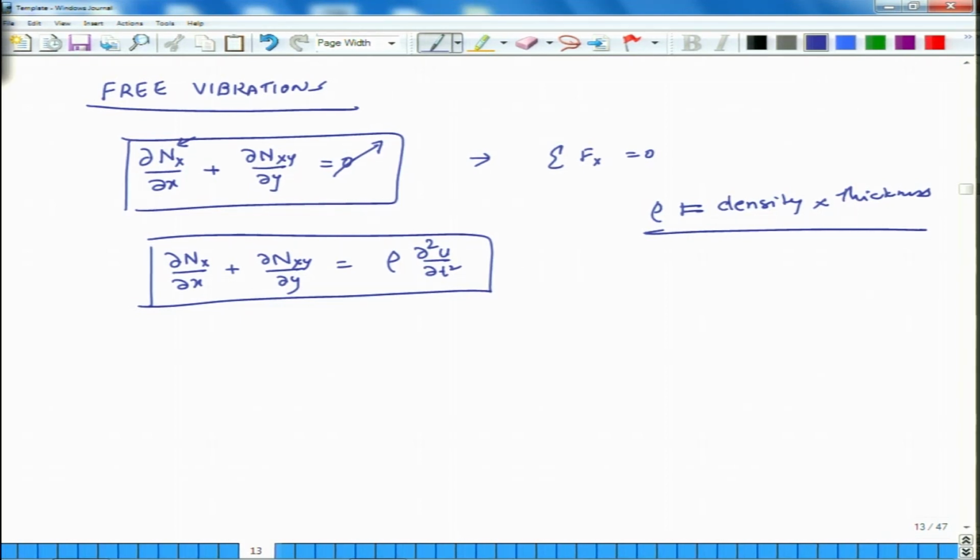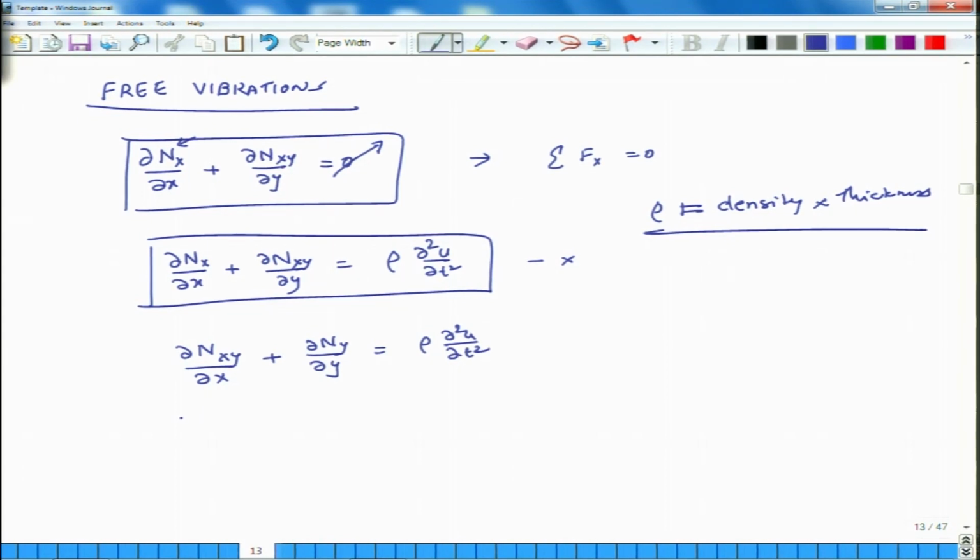Similarly, for the y direction, we have a similar equation, with del 2 v over del t square.